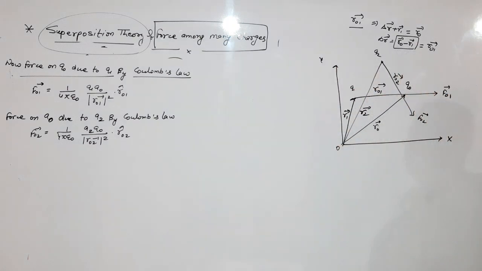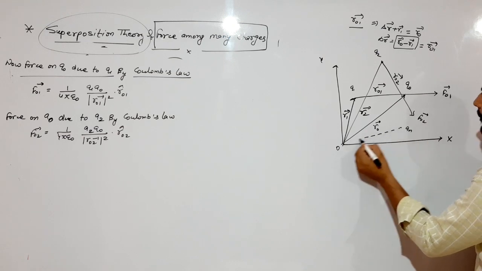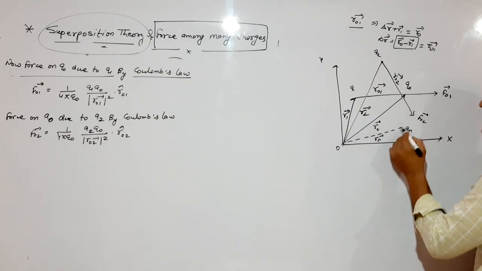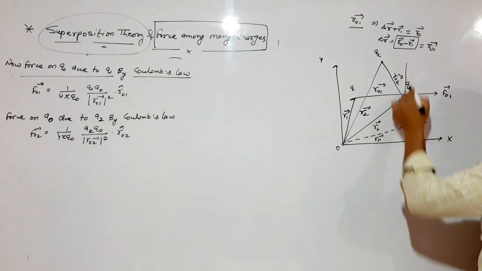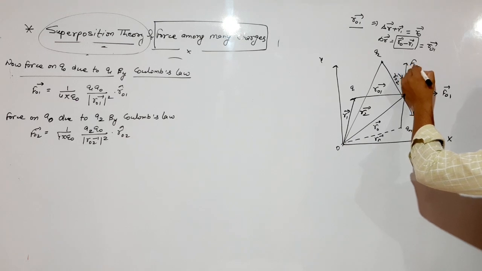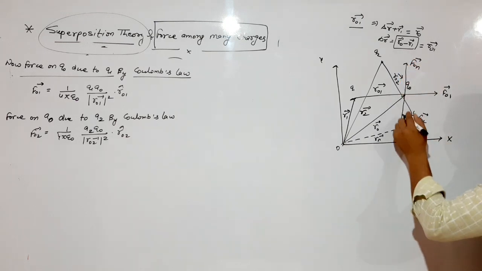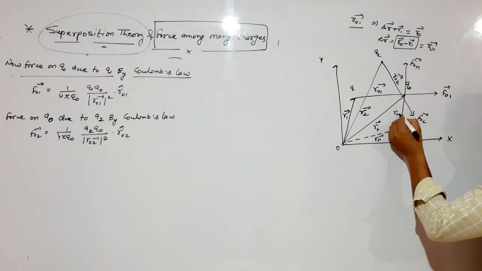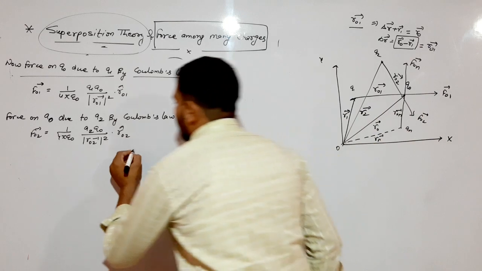Clear? The last one we consider is Qn. r0n is the position vector, and the direction of force will be F0n. So the displacement vector here is r0n.